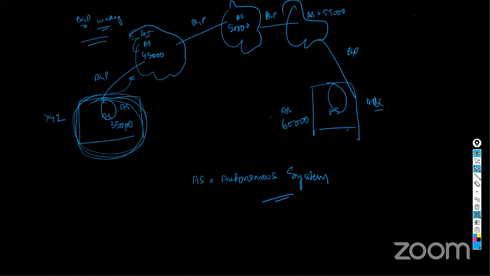And who is giving that? It's your IANA, which assigns the autonomous system. There are multiple entities like RIRs, regional entities, and also some local entities, LIRs.